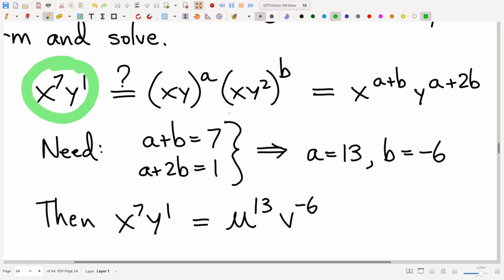So here's what I figured. I have a product of powers of x and y. I want to rewrite that in terms of u and v, and let's not forget that's u and that's v, which you will notice are themselves also products of powers of x and y. So here's the question before us.